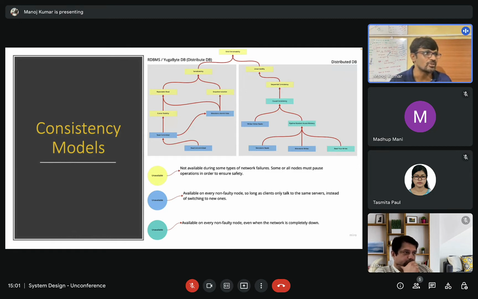Once you go to cursor stability, repeatable read, or snapshot isolation, I will explain snapshot. With repeatable read, once you lock a row and a subsequent write comes to it, it will wait until the previous write has been done, then resolve the conflicts and write it back.